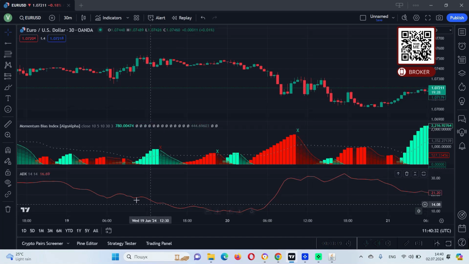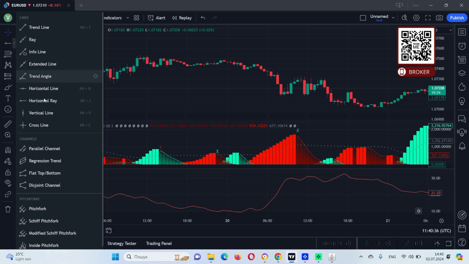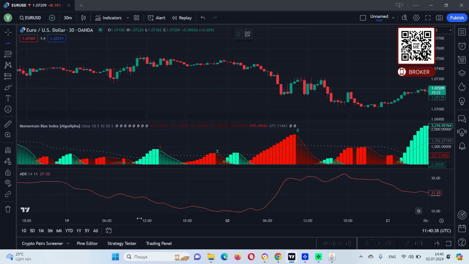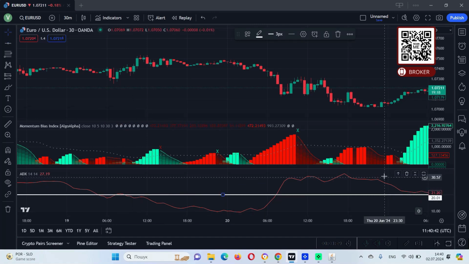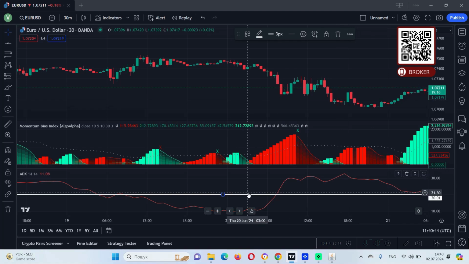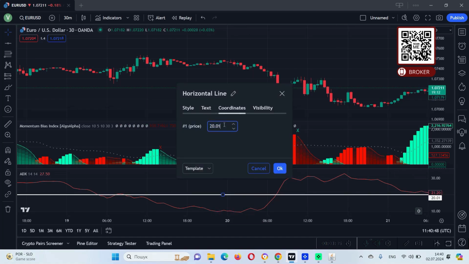Next, we need to insert an additional horizontal line at the level 20. Exactly 20. So we correct and save the changes.